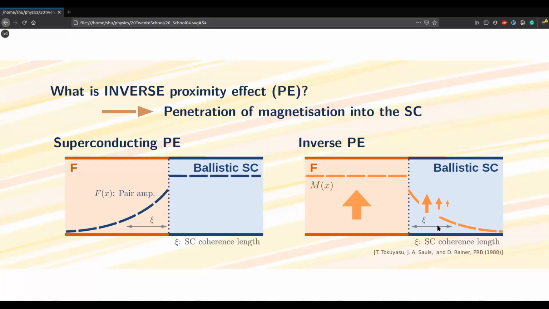The length scale of this inverse proximity effect is characterized by the superconducting coherence length, which means that this phenomenon is related to the superconductors. The origin of this phenomenon is the superconductivity.